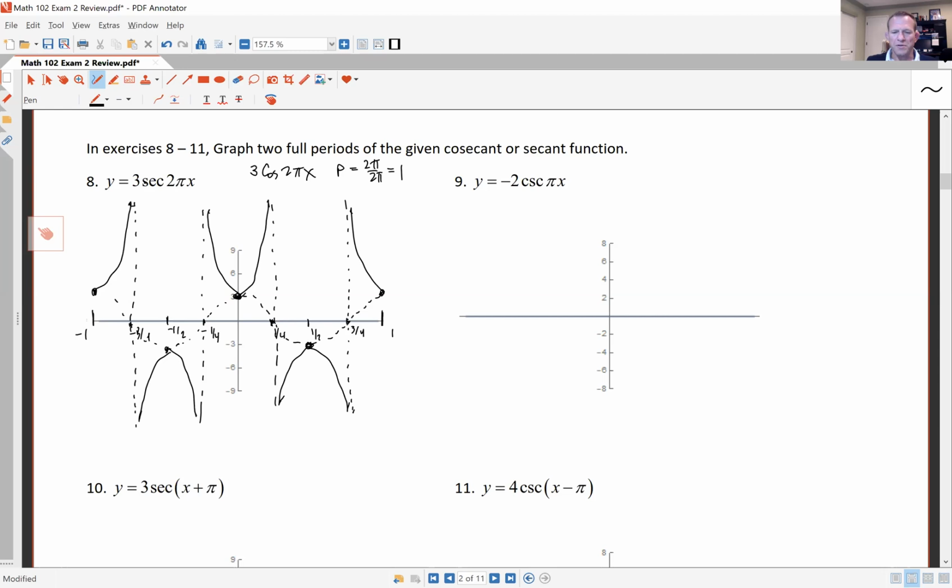Number 9, if we're going to do -2 cosecant pi x, we first start by graphing -2 sine pi x dashed. And the period of this is 2 pi over pi, which is 2.